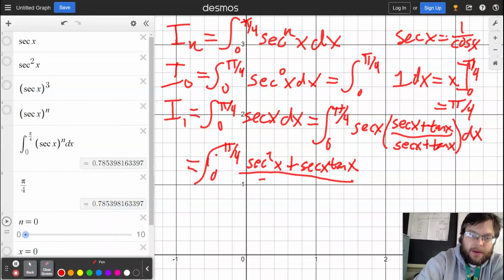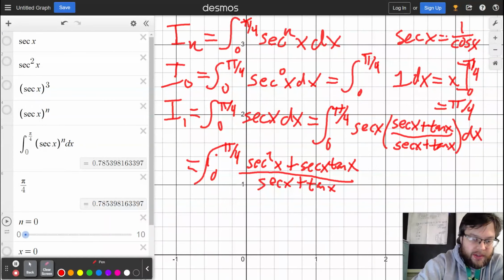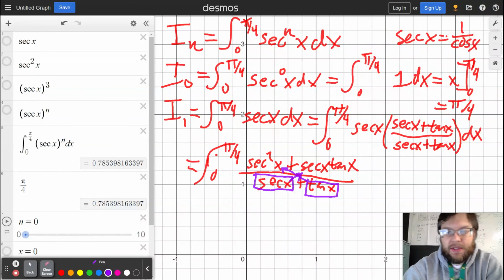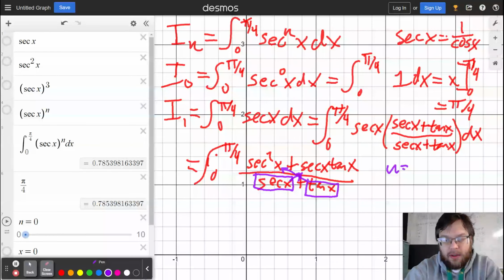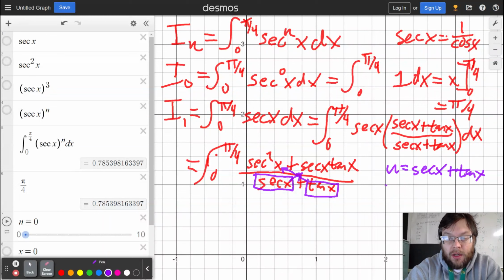And if you just write the bottom down again, what's really nice is the derivative of tangent is secant squared, and the derivative of secant is secant x tangent x. So that suggests that if I do a u substitution for the bottom, then my du is the top, secant x tangent x plus secant squared x dx.